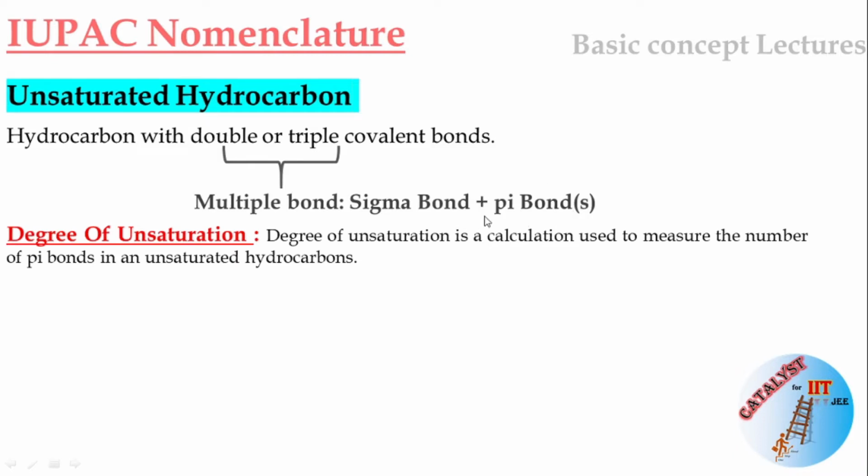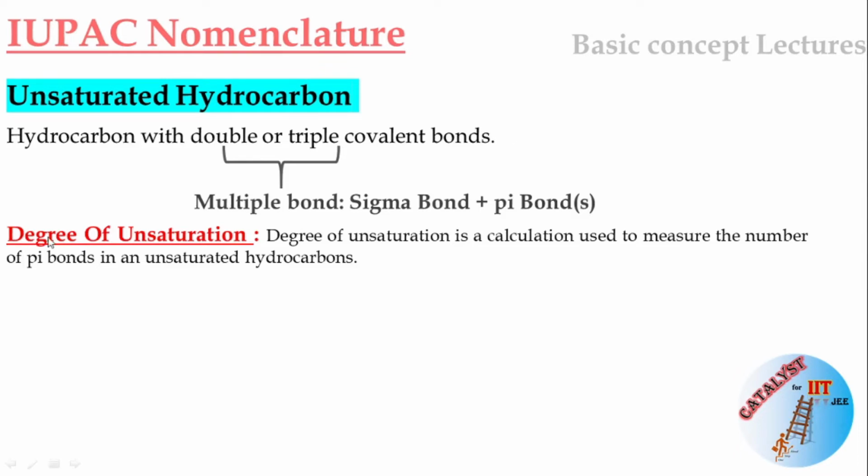So how will you calculate how many pi bonds are present in your molecular formula, or as well as you can say, how many pi bonds are present in your structure? You can calculate it by calculating the degree of unsaturation. It is a calculation used to measure the number of pi bonds in your unsaturated hydrocarbon.